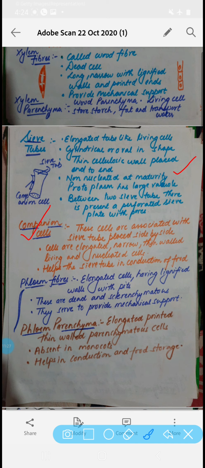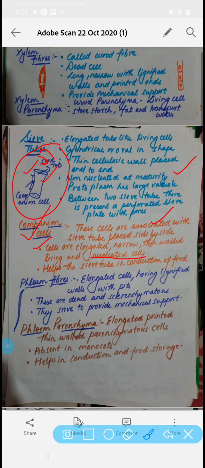Another part is the companion cells. These are the cells which are always found associated with the sieve tube, side by side. You can see the diagram. Here I have shown this is the sieve tube and these are the companion cells. They are both associated with each other. Now the companion cells are elongated, narrow, thin-walled, living and nucleated.